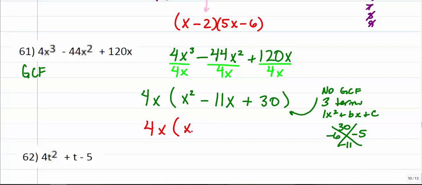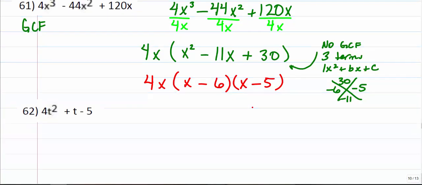So this can be broken down even further. You still have the 4x, that's still part of the answer. That 4x just comes along for the ride, but now I'm able to break this down even further. That's number 61. So GCF check, but then I had a second type of factoring.